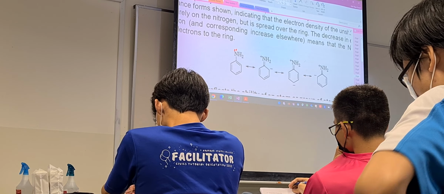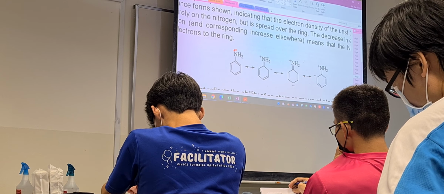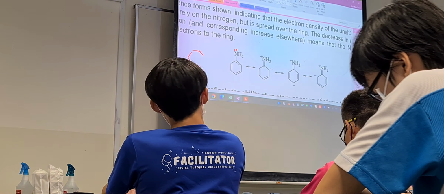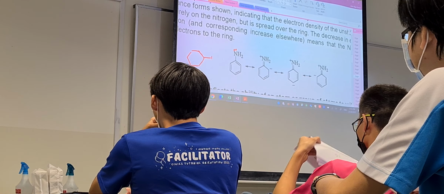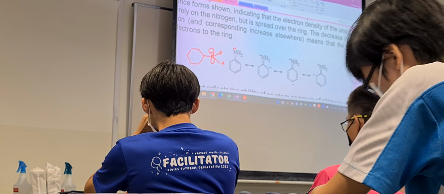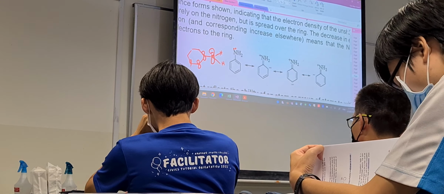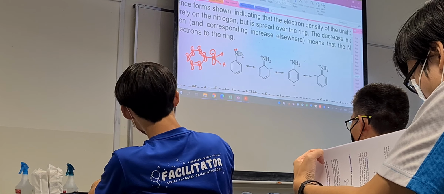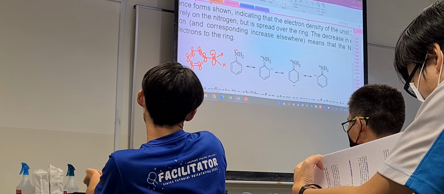To be sp2, there will definitely be a p orbital. So if I draw it out at the side here, there's a p orbital on the nitrogen that's overlapping with the high electron cloud in the benzene ring. So what happened? The lone pair starts to delocalize.